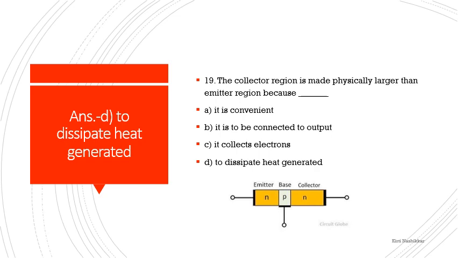This is the reason why this region is made physically larger. The collector region is made physically larger to dissipate the heat that is generated.